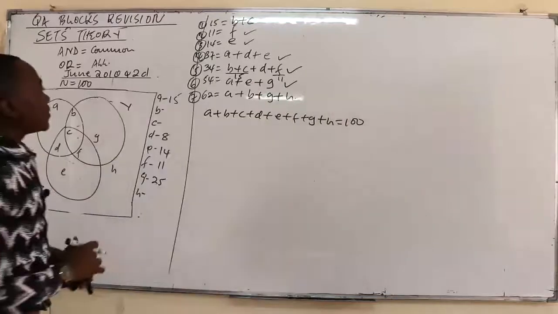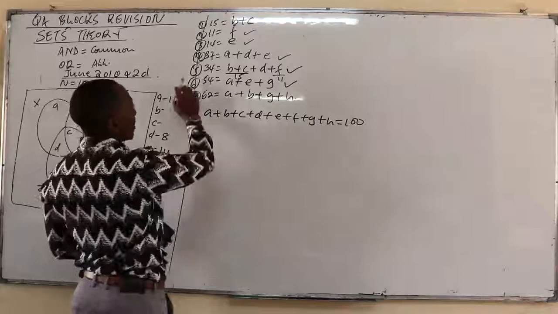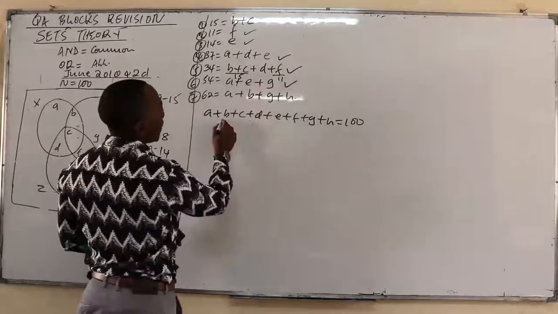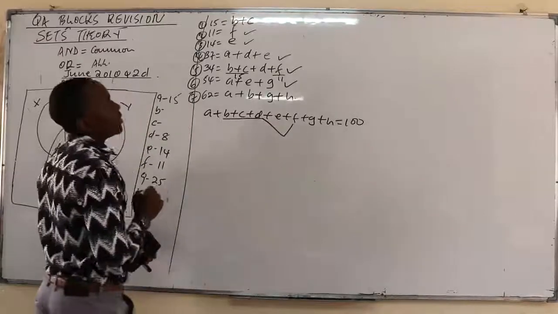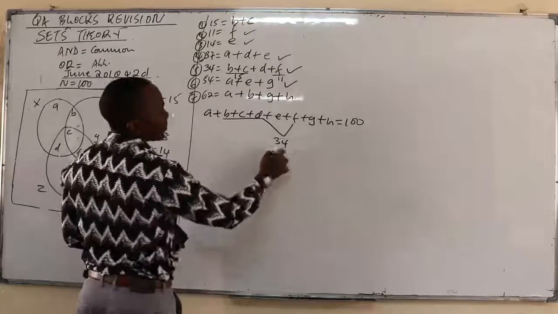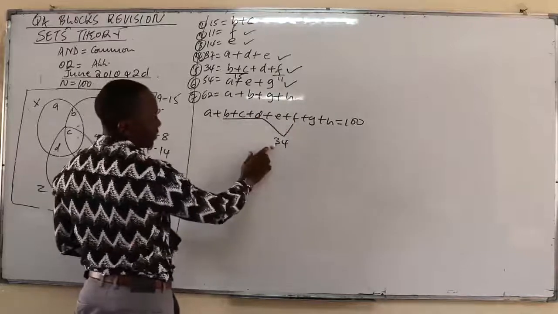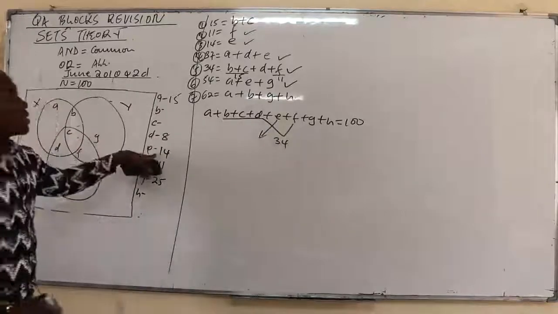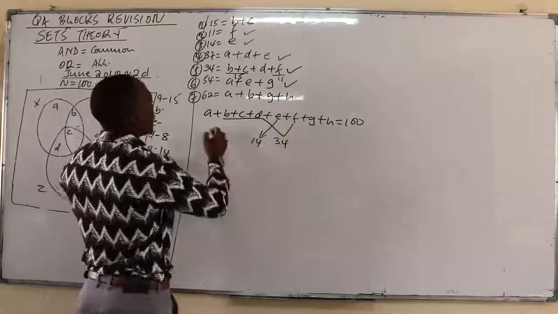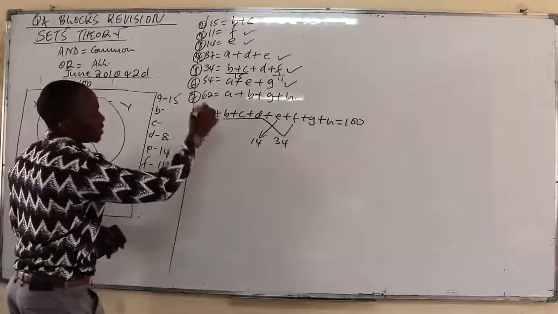What do we have? We have B, C, D, F, equation number 5. B, C, D, and F is 34. We have E is 14. We have A is 15.